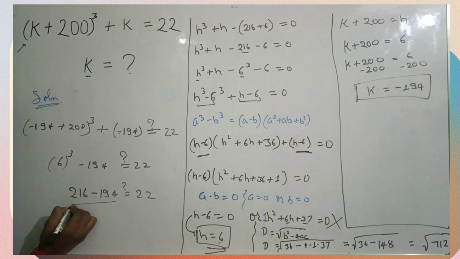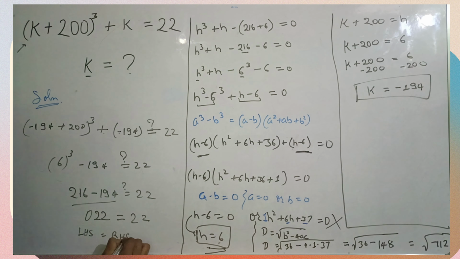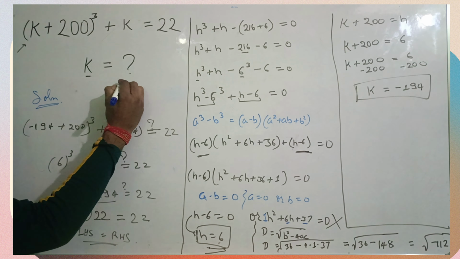Now you can subtract. 6 minus 4 is 2, 11 minus 9 is 2, and 1 minus 1 is 0, and this is equal to 22. So here LHS is equal to RHS.